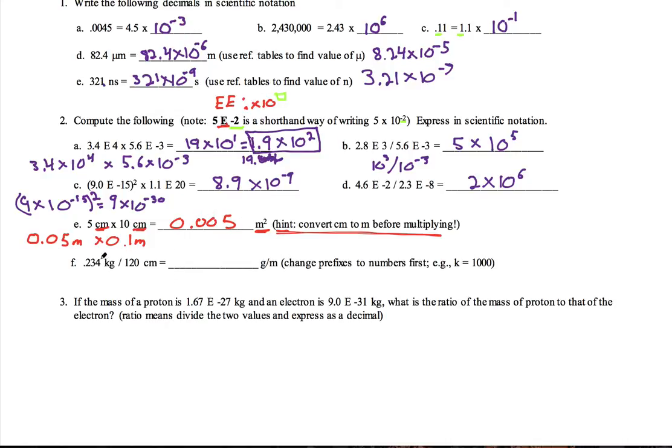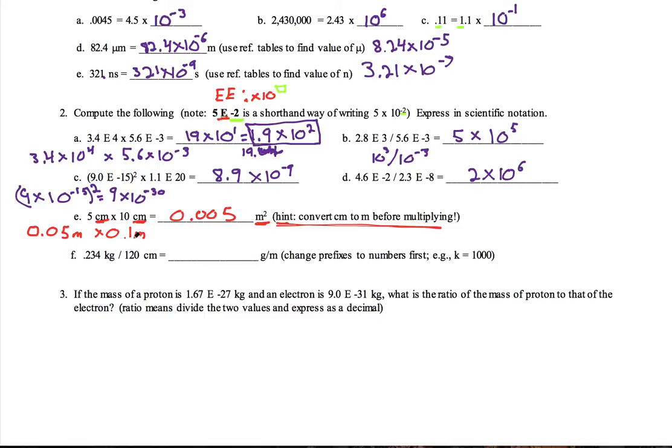So last letter here, F, 0.234 kilograms divided by 120 centimeters. Now I want my answer in grams per meter. So I've got kilograms and centimeters, but I want grams and meters. So we have to convert both of those. And we've got the hint again, change the prefixes of the numbers first, right?